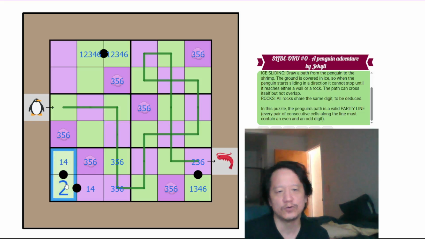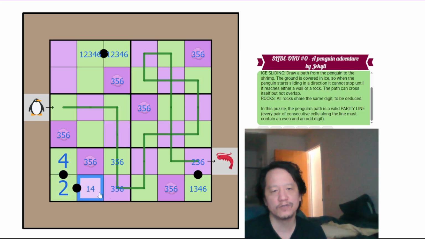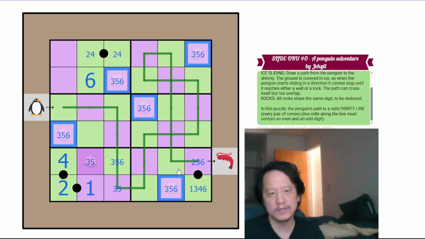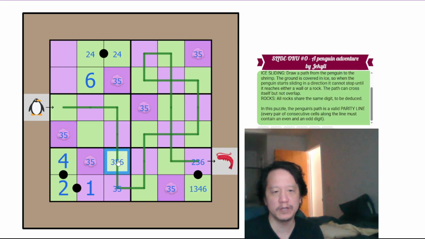So this is 2 and 4 to be the same parity. So that's 4, this is 1. These are the same parity, so they have to be 2 and 4, which means this has to be 6 here. The stone cannot be 6 because they are pink parity.